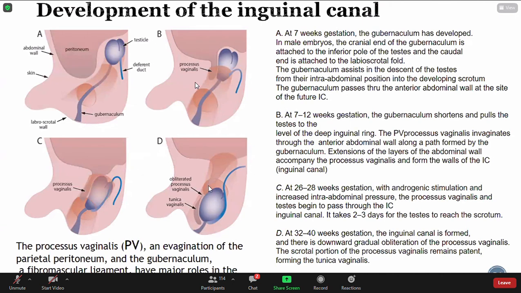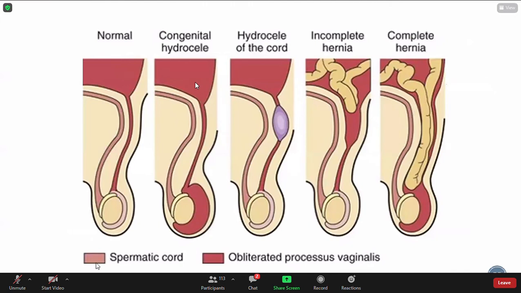So the connection between the abdominal cavity and the scrotal sac should be closed before birth. They should close. If they do not close, that is when problems arise. Normally, it closes. This is your spermatic cord, this is your testis, and this is the supposed area of your processus vaginalis, which was obliterated upon birth.